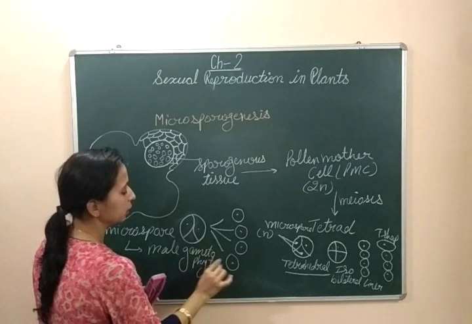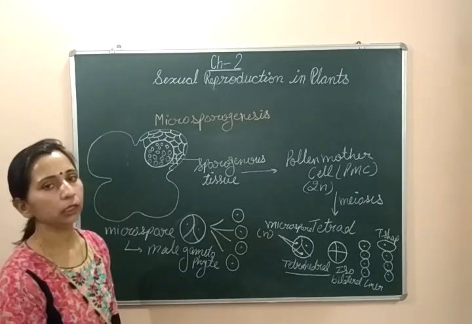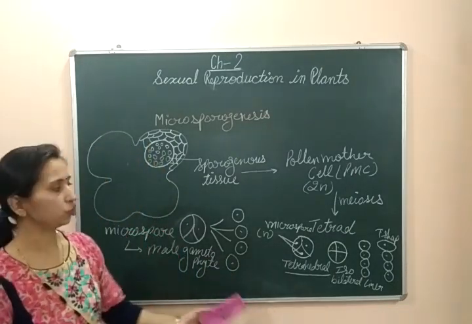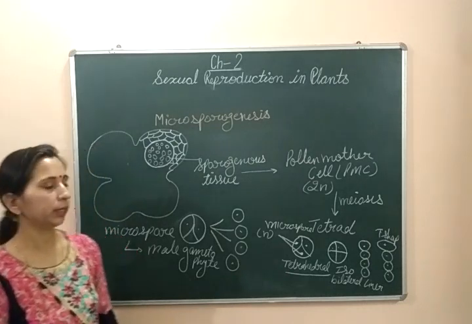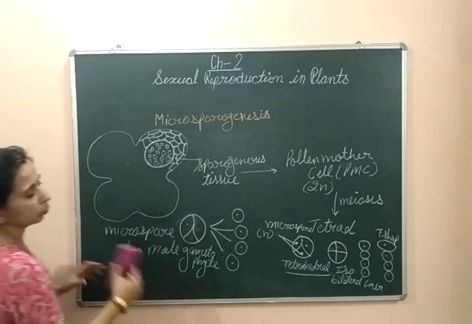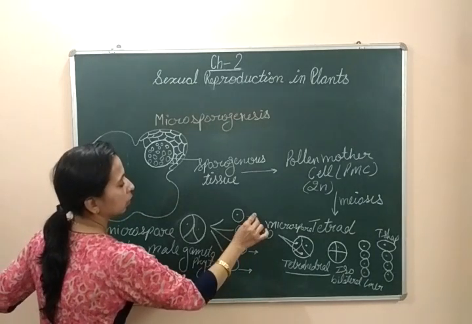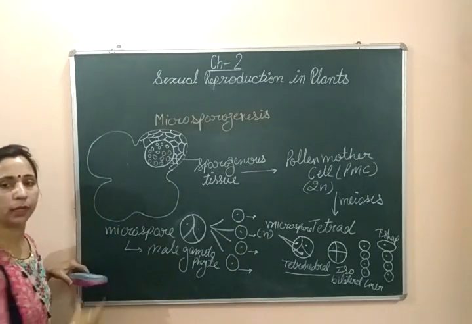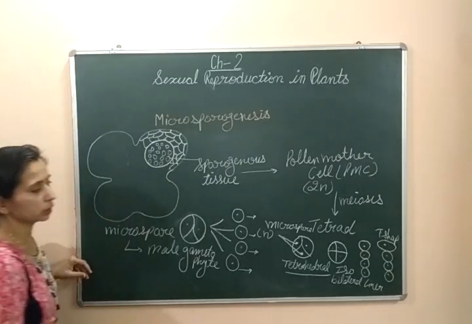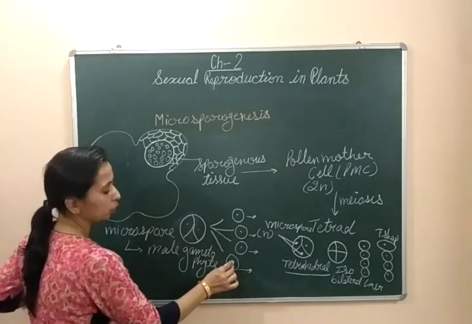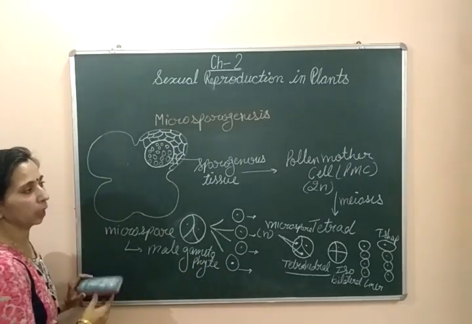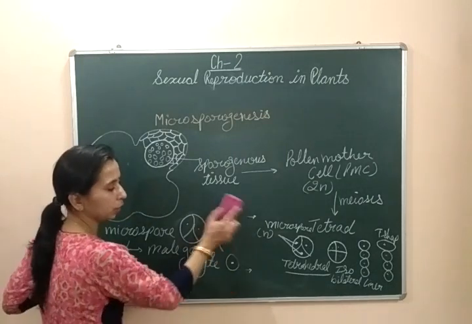It is known as the male gametophyte because it contains the male gamete, which takes part during the process of fertilization. These microspores take part in the reproduction process. They are now ready to develop into pollen grains, and we will discuss the structure of pollen grains.